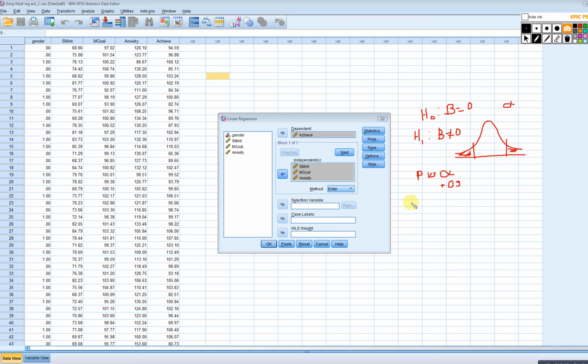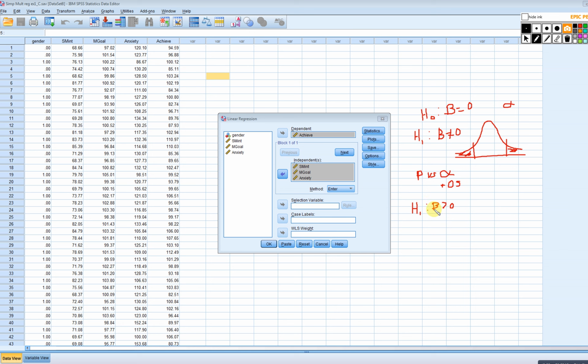Our alternative hypothesis could also be laid out as a directional hypothesis, and there are two possible directional hypotheses. One is that beta is greater than 0. In this case, we're hypothesizing that within the population the predictive relationship between our predictor and our criterion variable is positive, meaning that as scores increase on the predictor variable, we have predicted increases on our criterion variable.